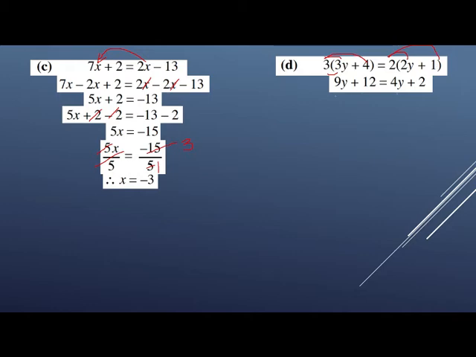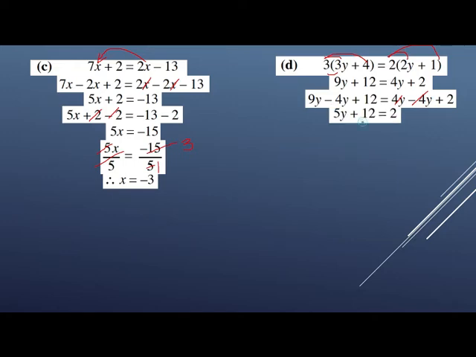Now where is the greater value? On the left hand side. So we will subtract 4y on both sides. So you will get 9y minus 4y plus 12. Here we have plus 4y and minus 4y, and we have a plus 2. Then 9y minus 4y, you will get 5y plus 12 is equal to 2.